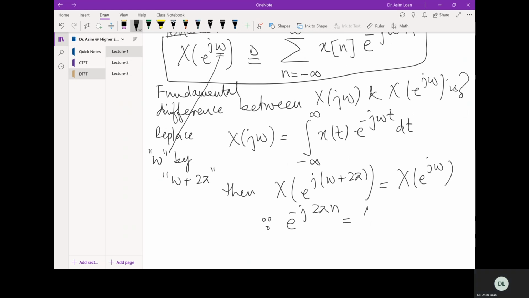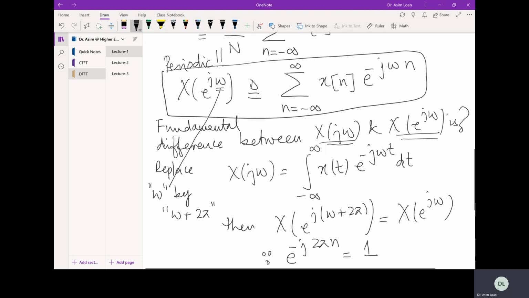So this is the fundamental difference between x of j omega and x of e to the j omega. This one is periodic.